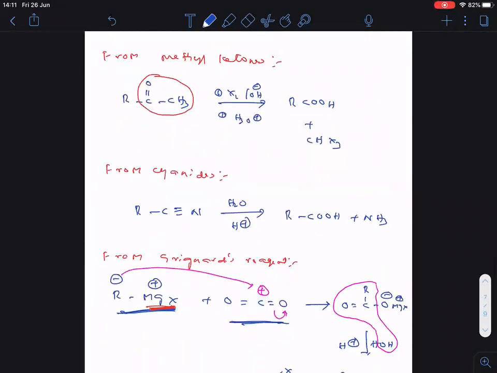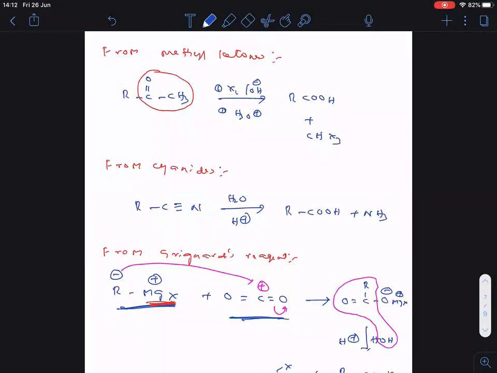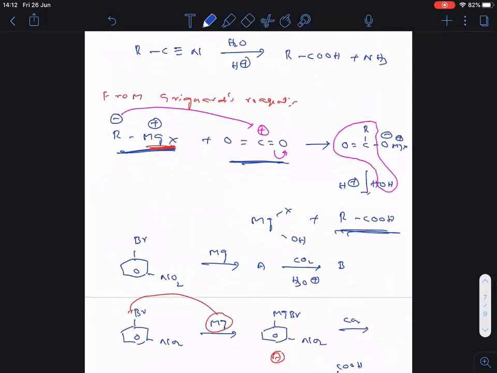Next, from methyl ketones and from cyanides. Next is from Grignard's reagent.